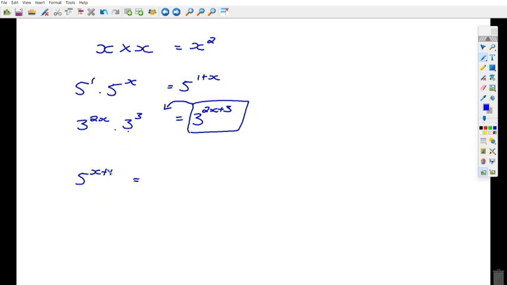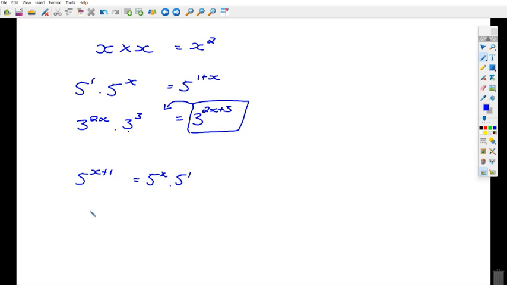Let's see if we can do it here. If I'm going to separate, firstly I know I'm going to have two 5s multiplying together, because I've got two terms there. This 5 is going to get the x, and this 5 over here is going to get the 1. Now let's check myself. Same bases being multiplied, what do I do with the exponents? You add them. So I'm going to get 5 to the x plus 1.